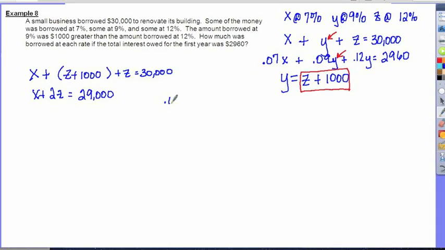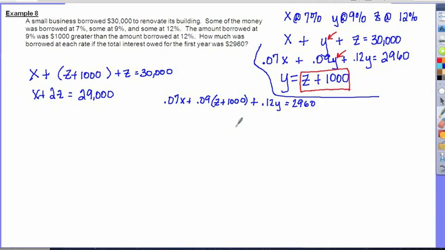Let's take the second equation, substitute in for y, and see what we get. I'm going to have 0.07x plus 0.09, and I'm going to put parentheses where I'm plugging in for y, that's z plus 1,000, plus 0.12y equals 2,960.